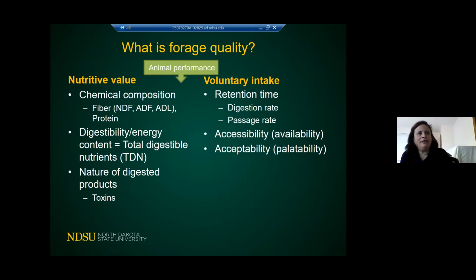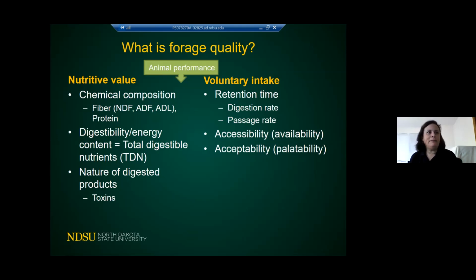So there are different things that you're gonna hear when you talk about these annual forages or cover crops for grazing, right? Forage quality depends on nutritive value and voluntary intake. You have to take the intake into account, right? You can have a forage with very, very high nutritive value, but if the cow doesn't like it and doesn't eat it, it doesn't work, right?